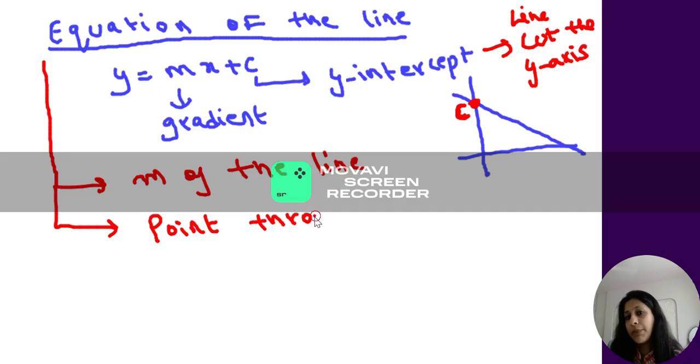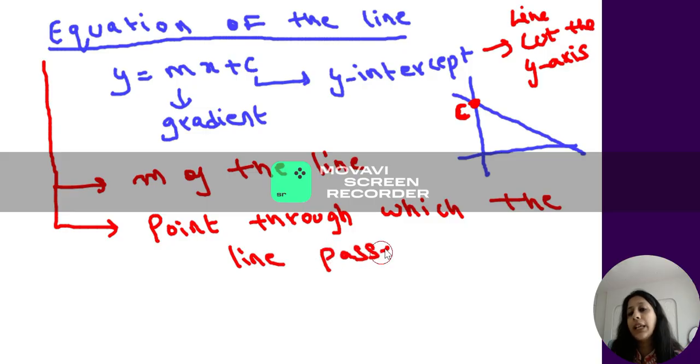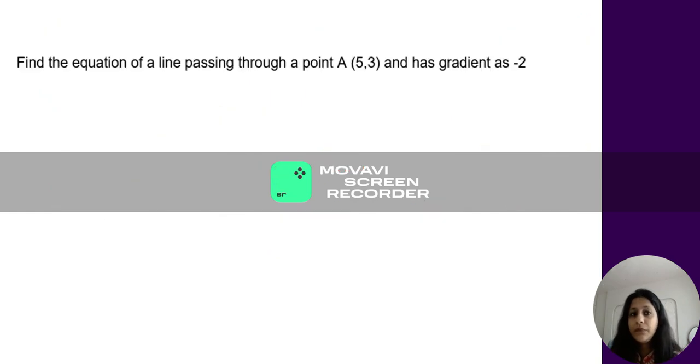Any one point, the line passes through infinite points. I should know only one point through which the line passes. If I know these two things, I can find the equation of any line that's possible, right? Let's take few examples and try to find out the equation of the line.